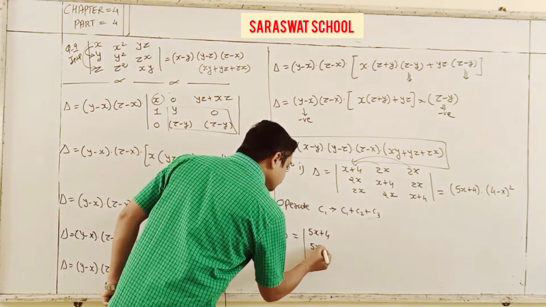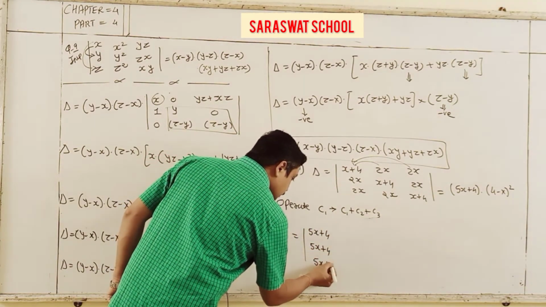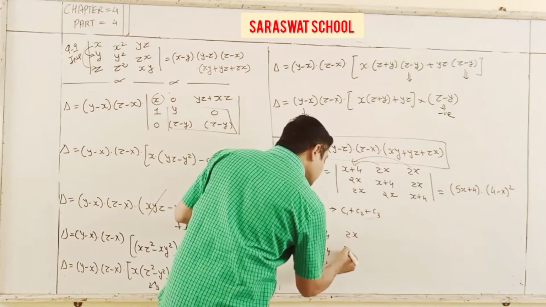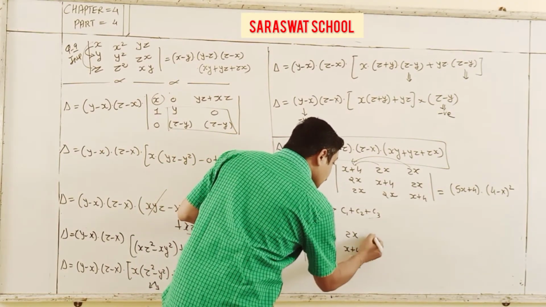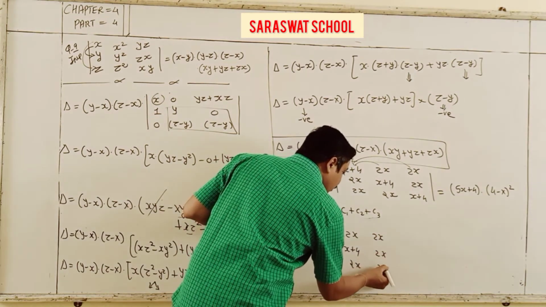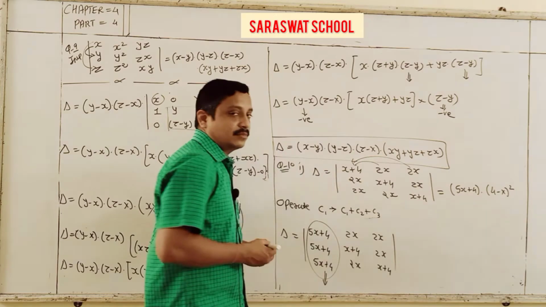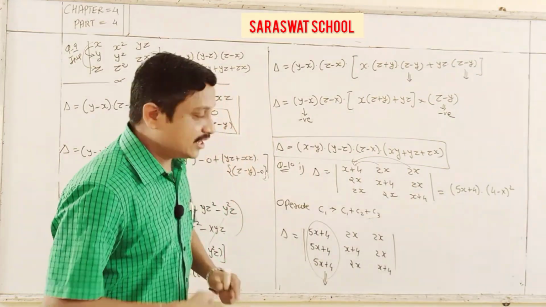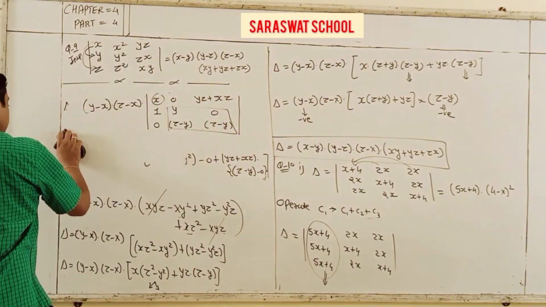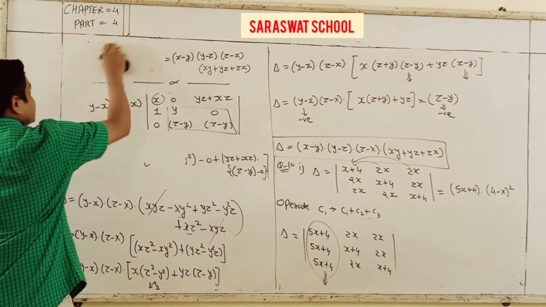Here also and here also. Others as it is, students. Very quickly you will decide your final destinations, because that is my common. Simply take the common, and outside values you will decide your answers.